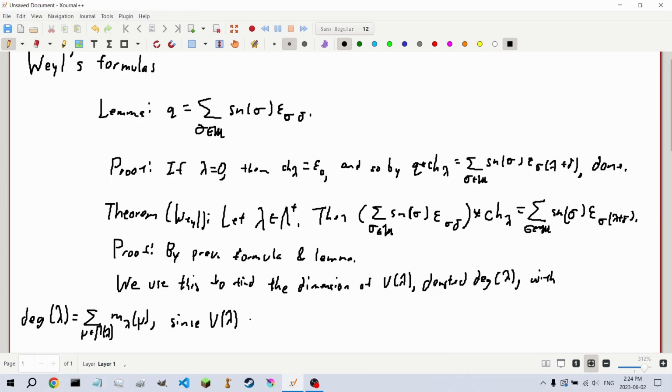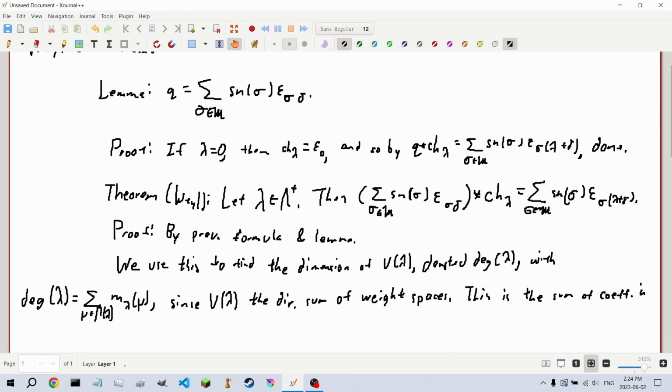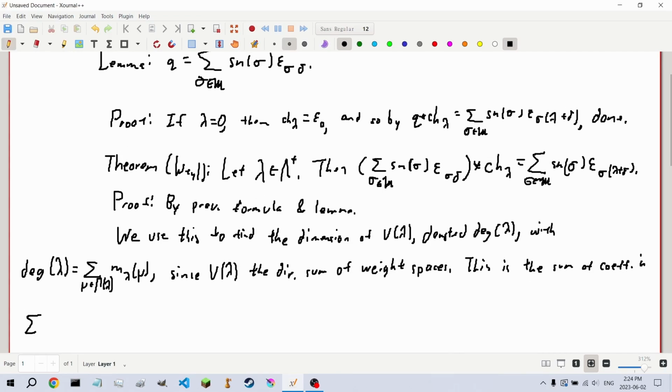Since V lambda is the direct sum of weight spaces, this is just the sum of coefficients in the formal sum of m lambda mu times epsilon mu in Z of our lambda.